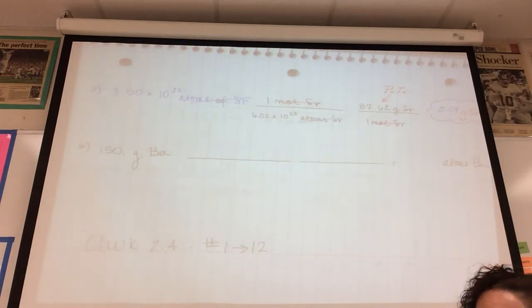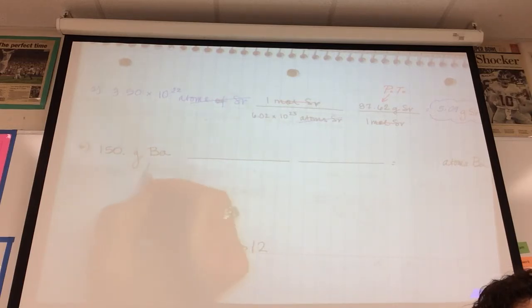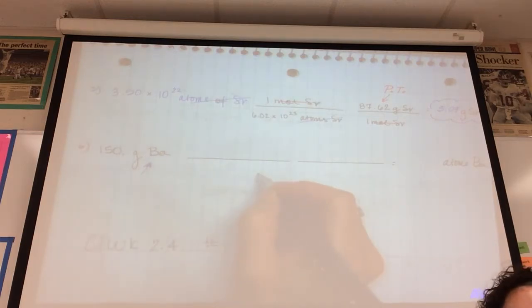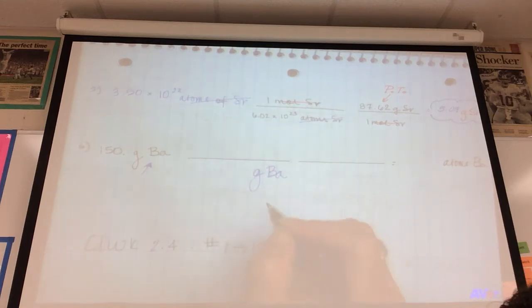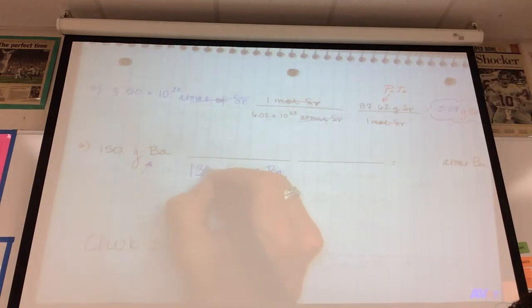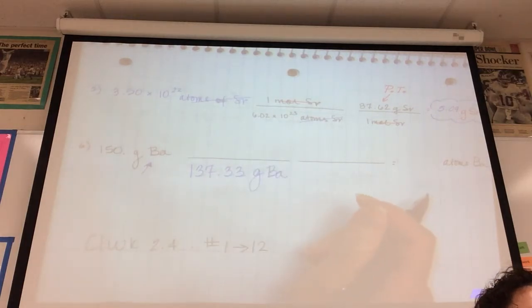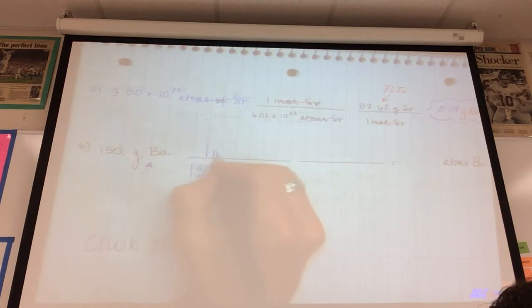Always let your units drive you. If you have grams of barium here, what goes in the denominator of the first fraction? And grams comes off of the periodic table. And what goes against the gram? 1 mole.